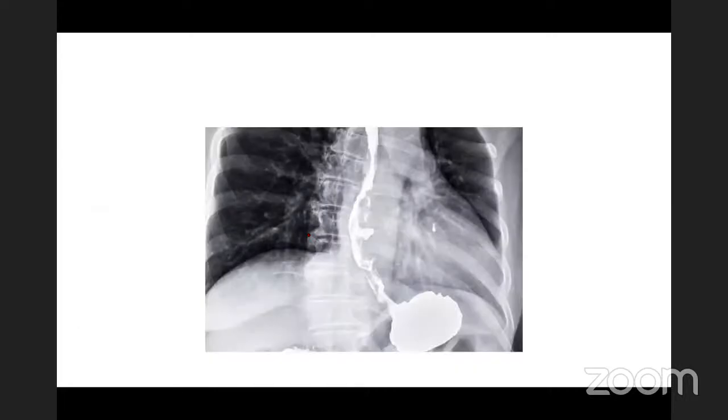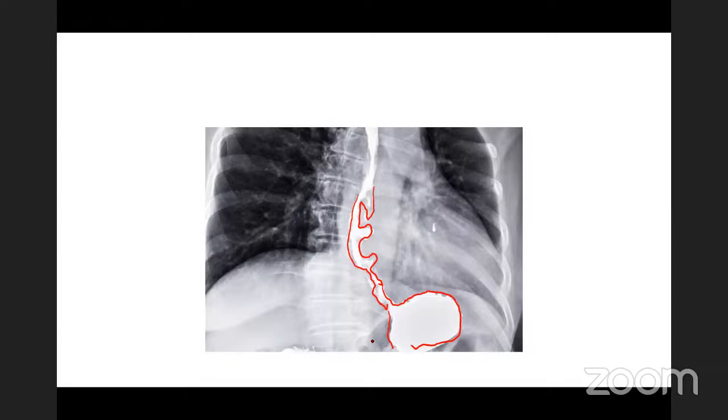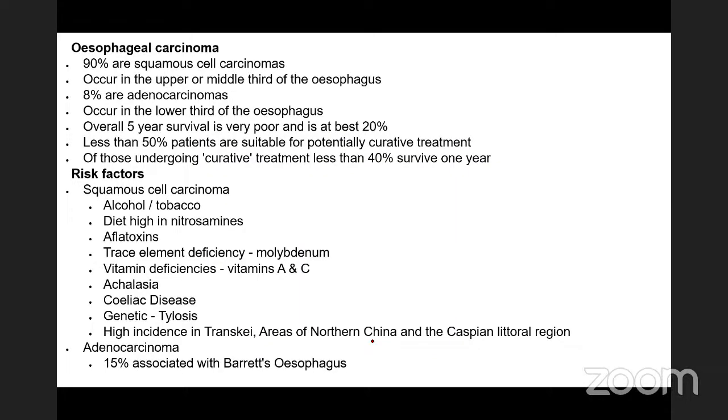Now, if you look at this image, it's a barium swallow, but however, you will see irregular filling defects, okay? And of course, you see the contrast emptying into the stomach. That is in keeping with esophageal carcinoma, okay?